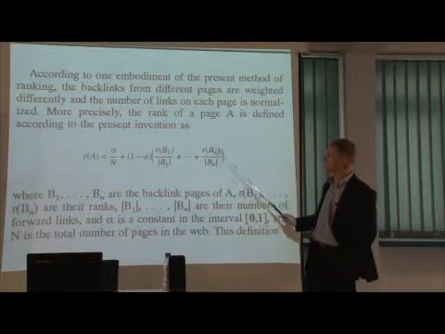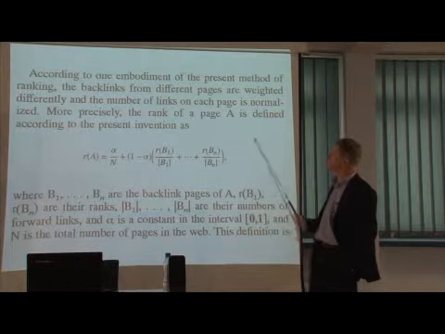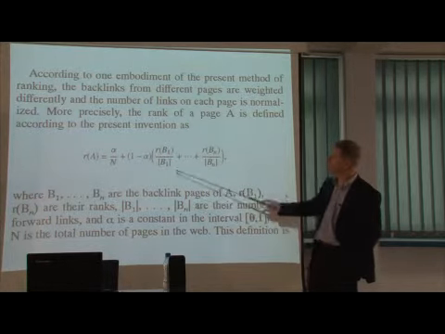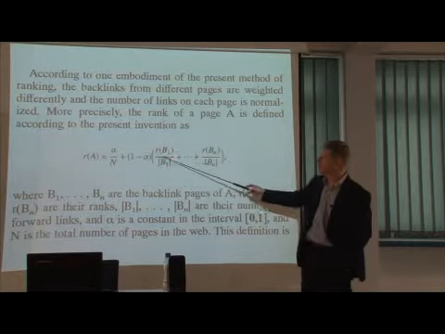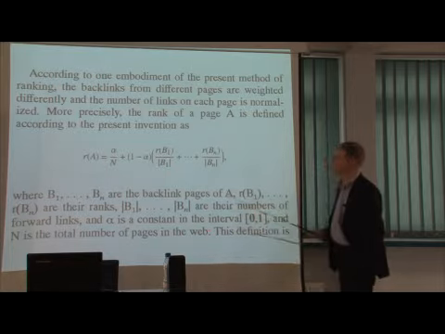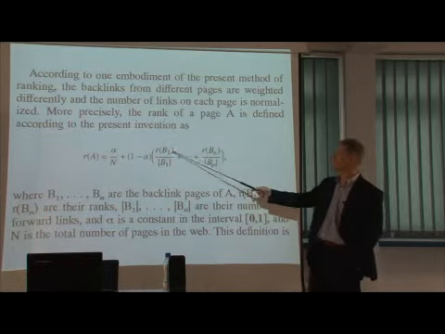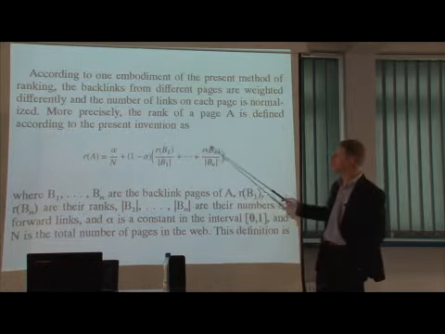So if B points to 20 different web pages, the total rank of B will be divided by this number 20 here. And we do it for B1, we do it for B2, we do it for Bn.